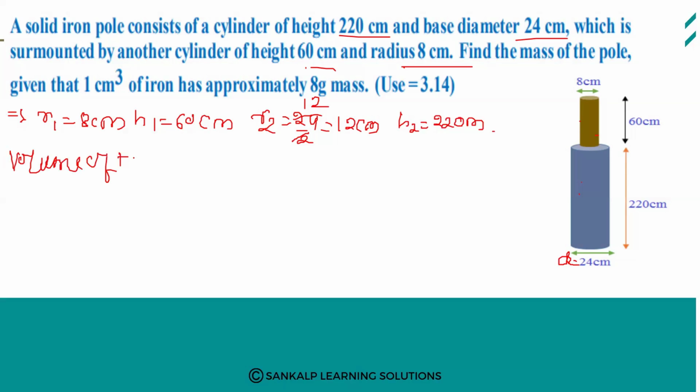So for that, what are we going to do here? Volume of the solid is equal to... here two poles are there. So volume of the first pole plus volume of the second.